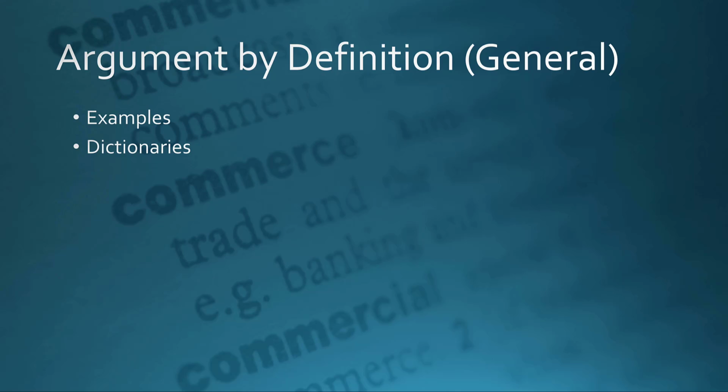Now, that can be a reasonable starting place, but one thing about dictionaries, of course, is that they're not handed down by divine celestial beings with accurate definitions that are objective and perfect. They're obviously just created and made up by people.